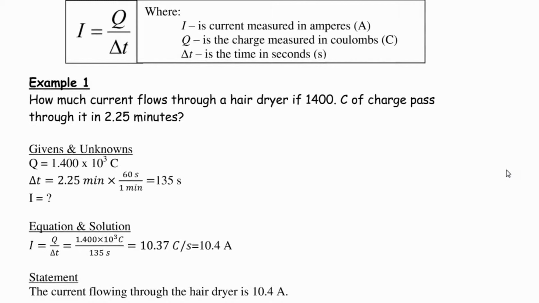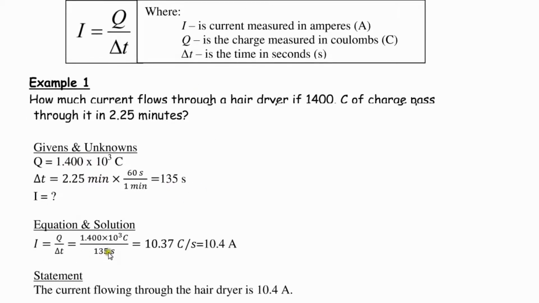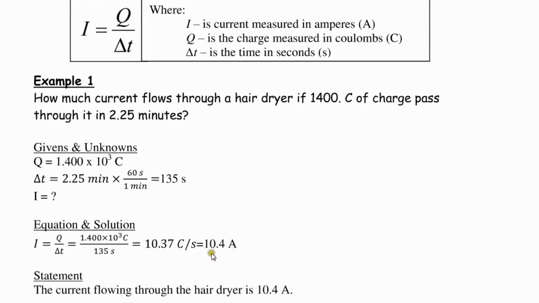So for example, if we wanted to calculate how much current flows through a hairdryer if 1400 coulombs of charge pass through it in 2.25 minutes, all we have to do is take our charge and convert our time into seconds and use the equation above and solve for a value of current in amperes. And in this situation, it would be 10.4 amps.